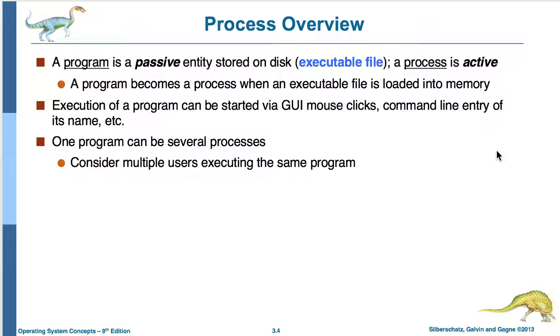One quick consideration here is that a program can manifest as multiple processes. It does not have to, but it can, and that can happen for any number of reasons. One example could be that you can have multiple users executing the same program.